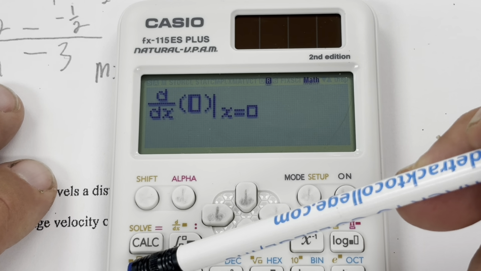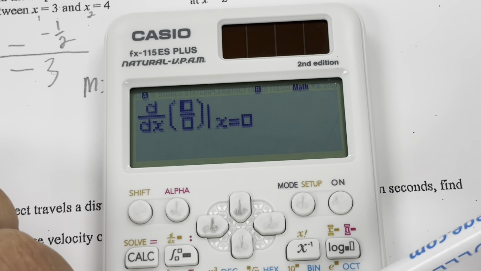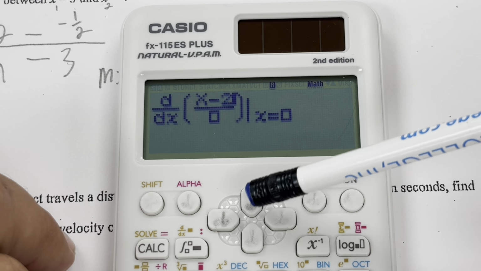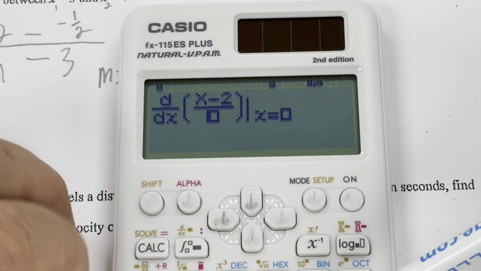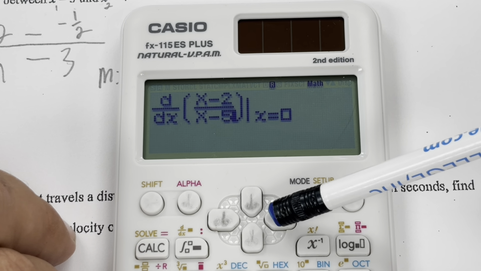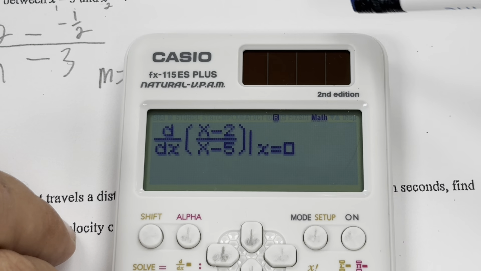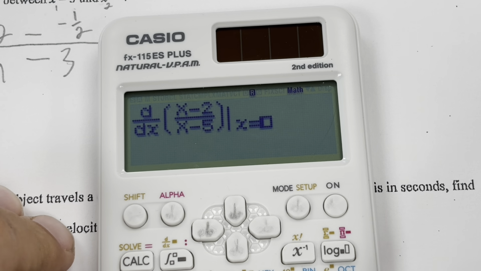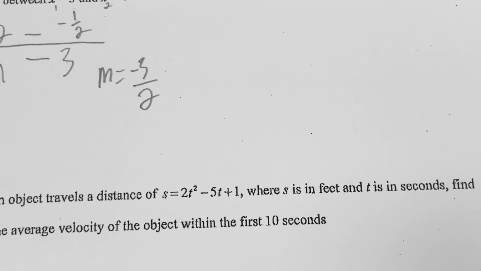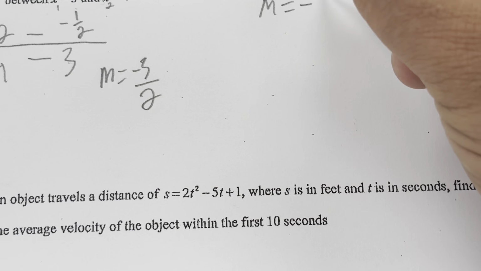I'm going to type in the fraction bar, then alpha red x minus 2, down arrow, alpha red x minus 5, evaluated at x value 2. Hit equals, and it'll give us the slope. So the slope is going to be -1/3. It's pretty ingenious. So slope equals -1/3.